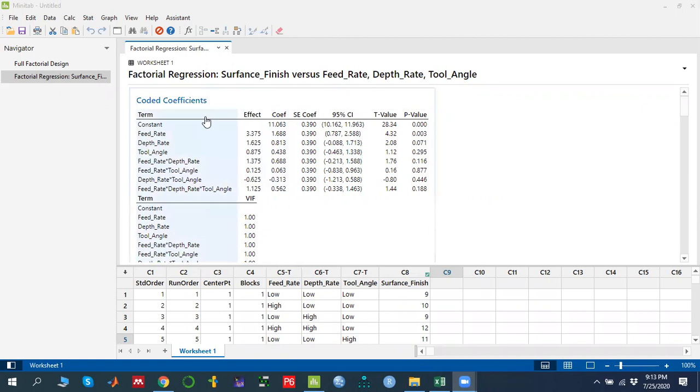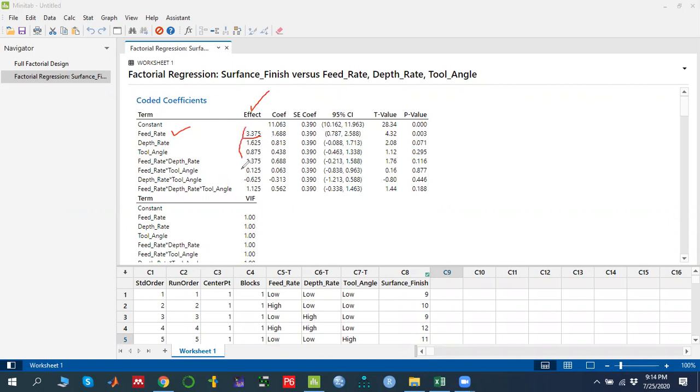And then the next important thing over here is the value of the effect, which indicates when the feed rate is shifting from low to high, how much the surface finish is affected. Right now it is indicating that if we shift the feed rate from low to high, the surface finish will increase by 3.375 units.